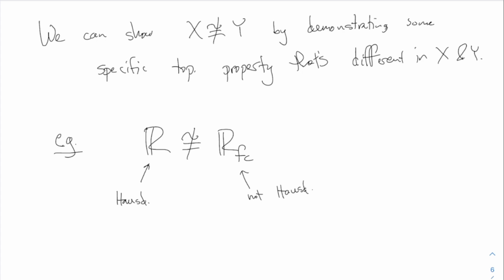All right? Because the one is Hausdorff and the other isn't. And this is generally how you show that things are not homeomorphic. Not so much, you don't use Hausdorff every time. You just have to think of some property that's different from the one versus the other. And if it's a topological property in terms of open sets, then it means they can't be the same.